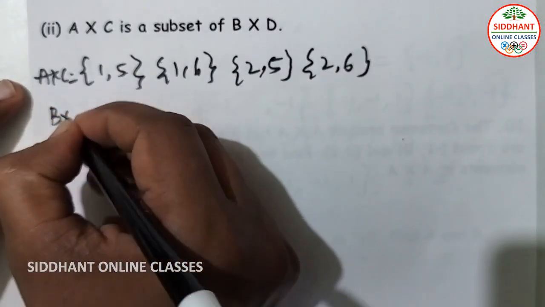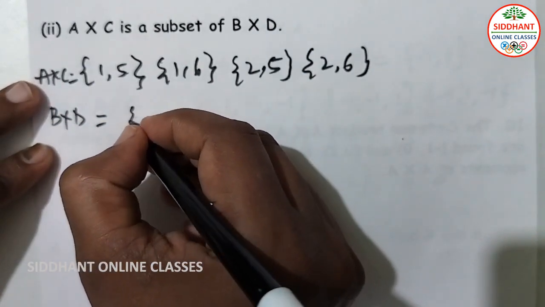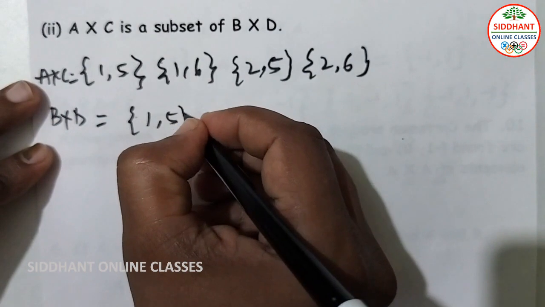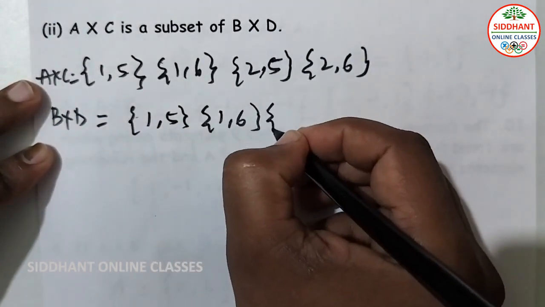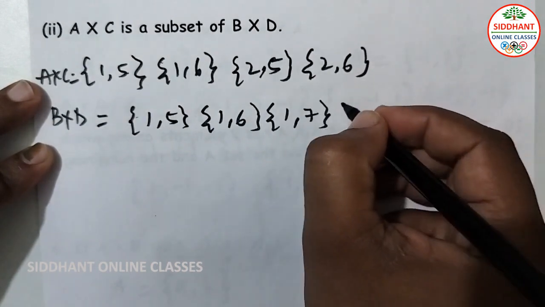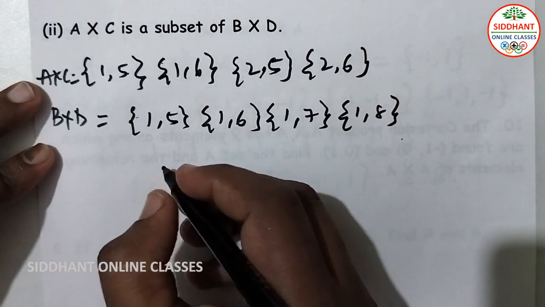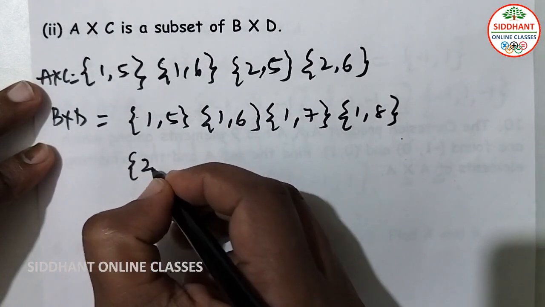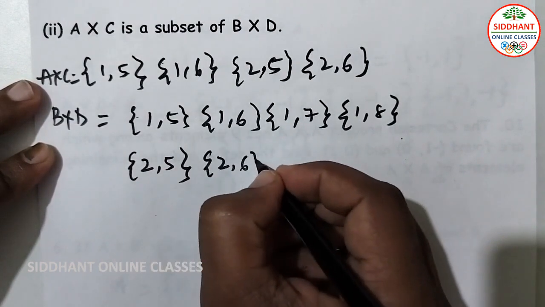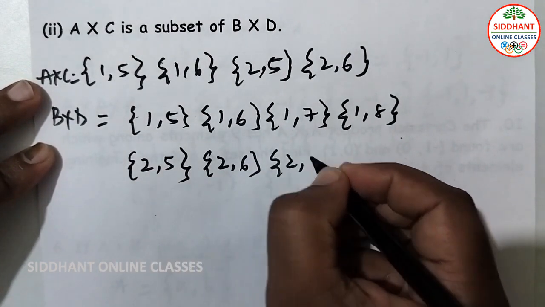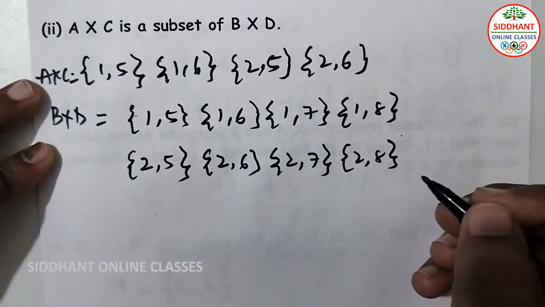Now B cross D. So B cross D when you are going to see, so that will be 1, 5, 1, 6, 1, 7, 1, 8. Next 2, 5, 2, 6, 2, 7, 2, 8.